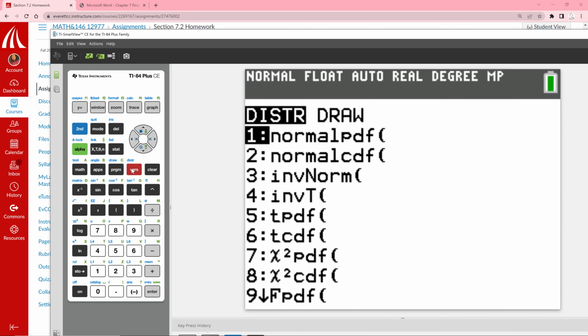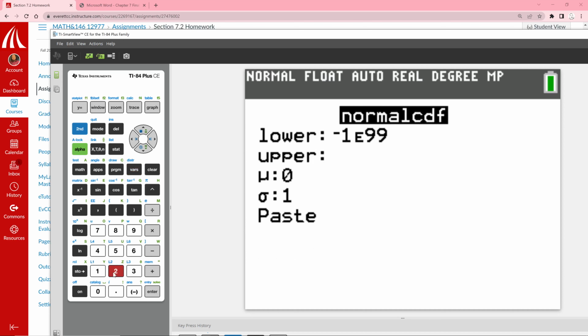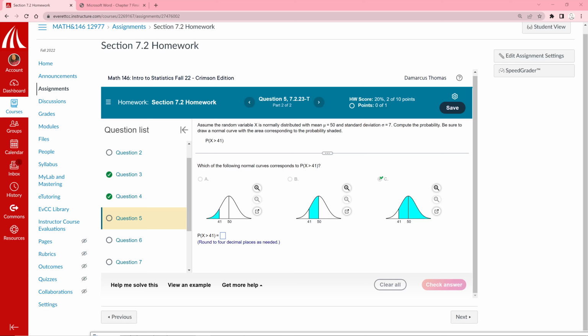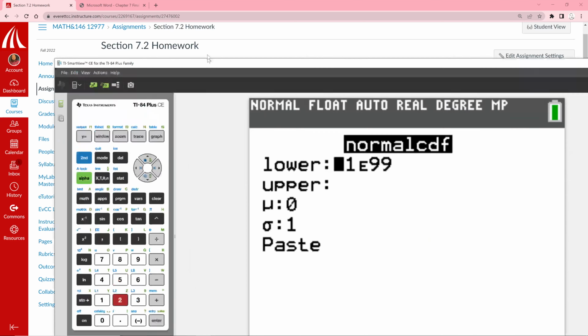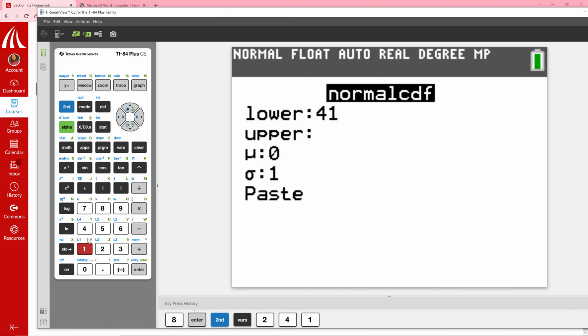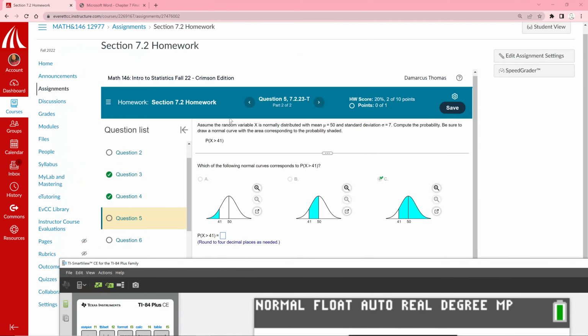We're going to go normal CDF, 41. The upper bound, let's just put in a very large number. Sometimes what people do is put in 1 e to the 99, or even 9 e to the 99 for that matter. Doesn't matter. This is not the standard normal distribution. The mean is 50 and the deviation is 7.